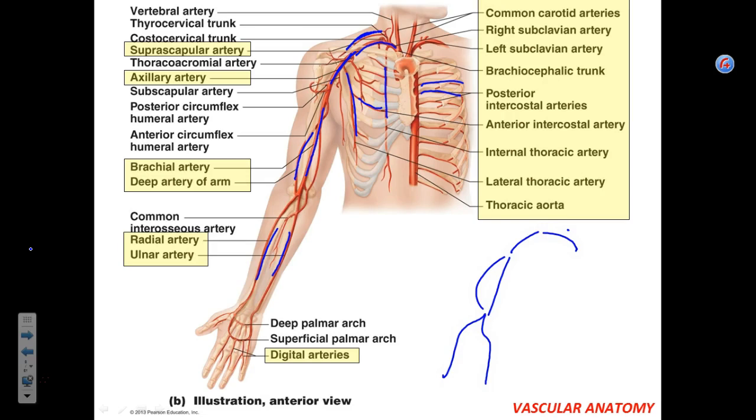So posterior will supply muscles of the back, anterior intercostals will supply intercostal muscles up front. Kind of makes sense. That makes sense? Now, intercostals branch from the aorta, while the thoracic arteries branch from either subclavian or axillary.